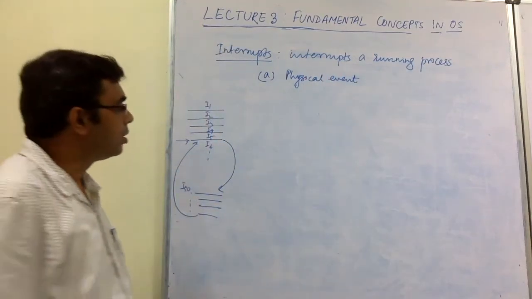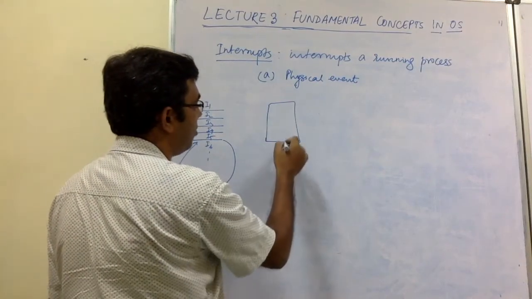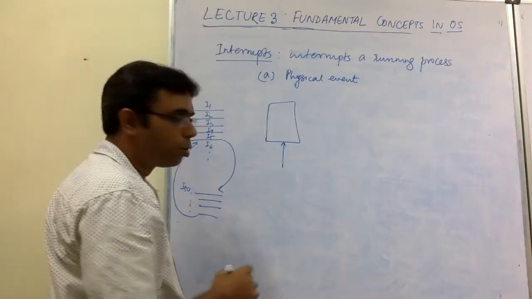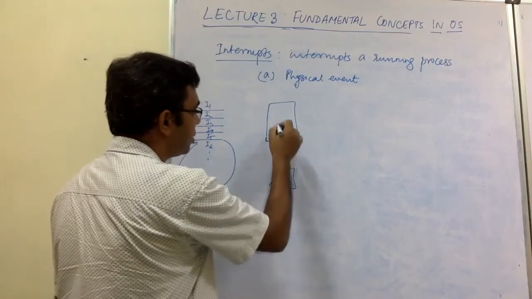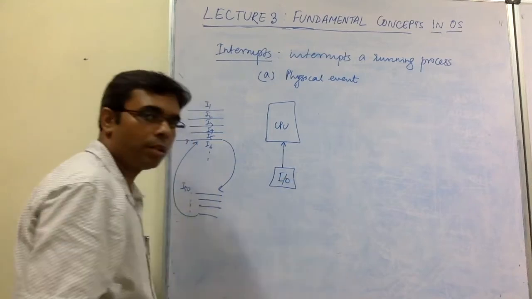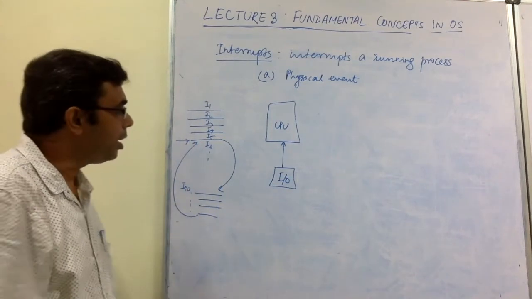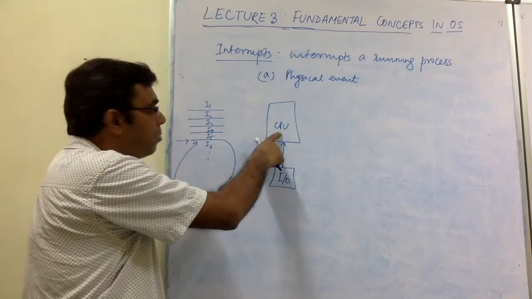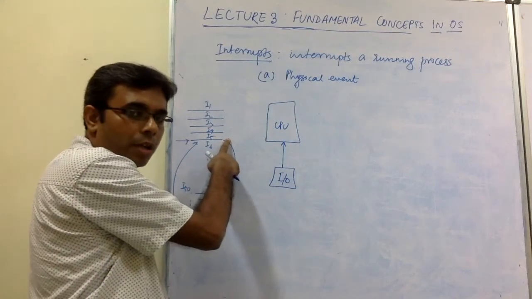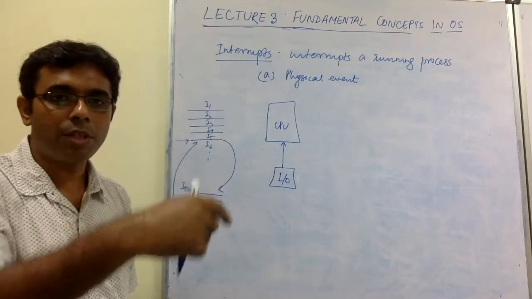Let's say this is the CPU, and this is some input-output device, and through a certain interrupt line, it informs the CPU that please stop your execution and jump to this particular location and start executing the instructions written there.